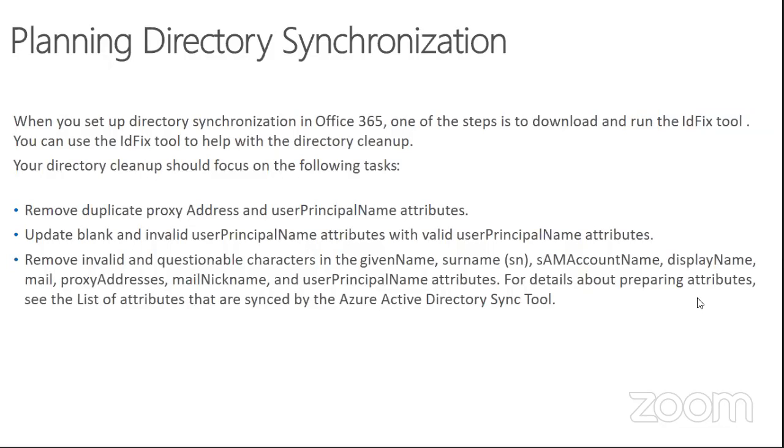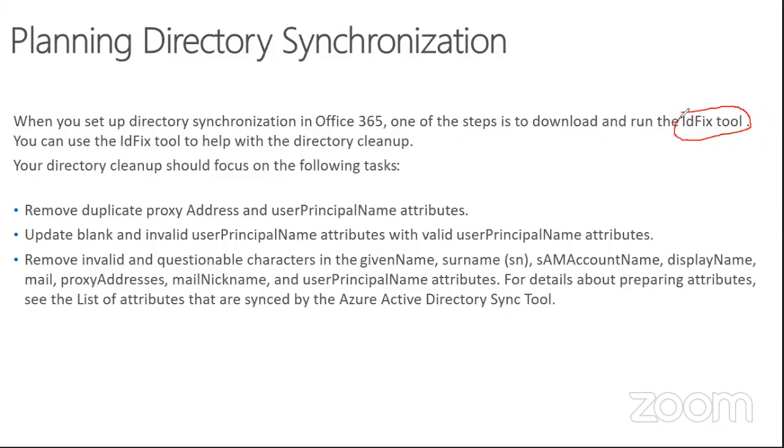And to ensure that there's a seamless synchronization, we need to first cleanse our environment. That's where we have a very effective tool called the directory synchronization ID fix tool. Right. So download this tool. It's a pretty minimal configuration tool. Using this tool, you can clean your Active Directory so that you can remove the duplicate proxy address and user principal name attributes, because as I said, herein we are talking about synchronization from on-prem to cloud.